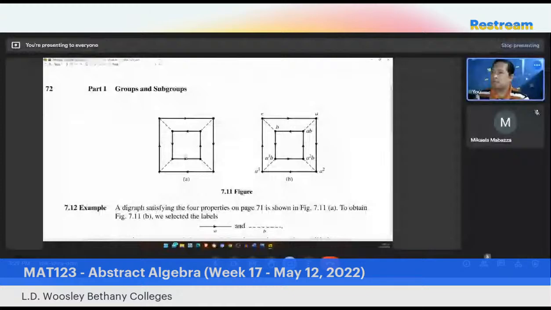What can you say about this diagram? Is it commutative or non-commutative? Okay, it's non-commutative.